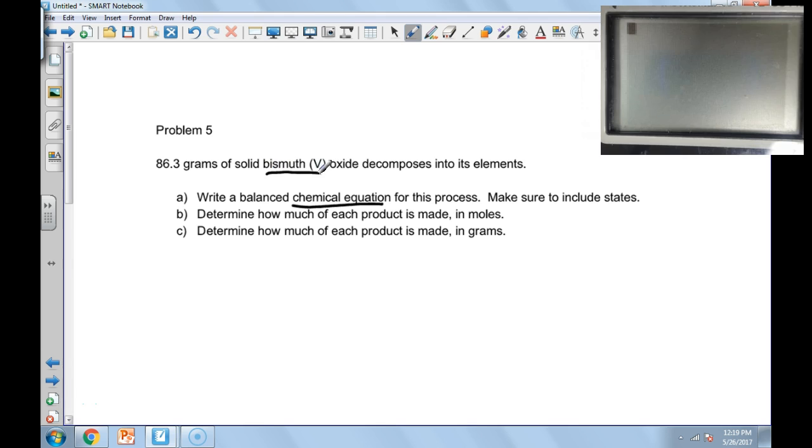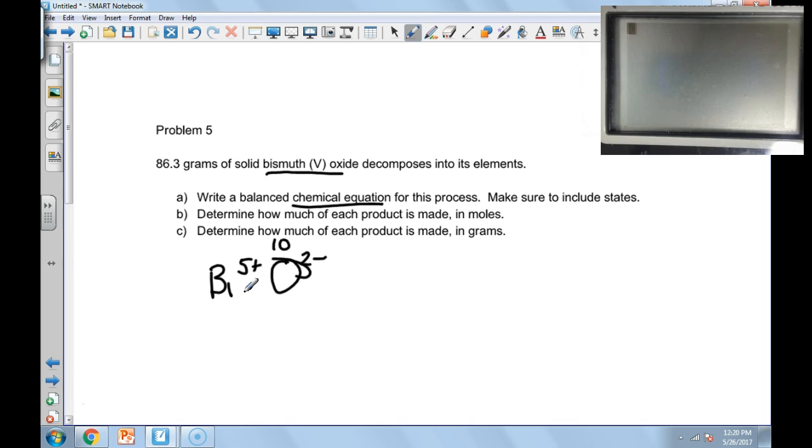Well, in order to do this, we need to know how to write the formula bismuth 5 oxide. Well, bismuth is Bi. You can find that on the periodic table. And the 5 means that it's 5 plus. And then the oxide is 2 minus. That's oxygen. And so now what we want to do is find the least common multiple, which is 10.